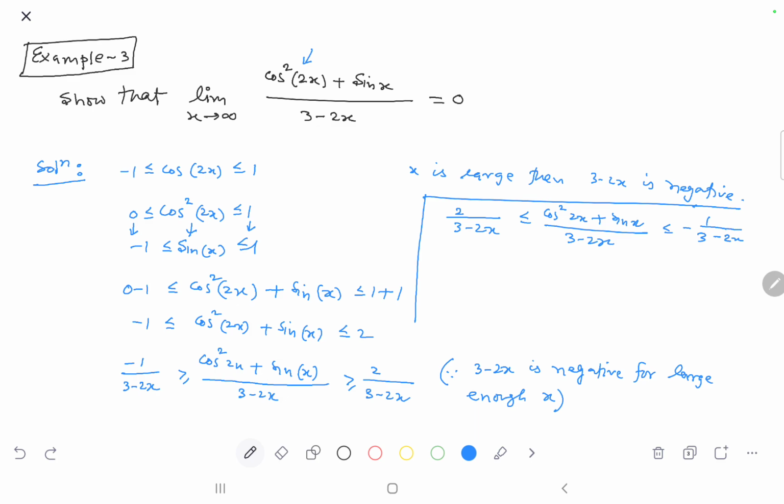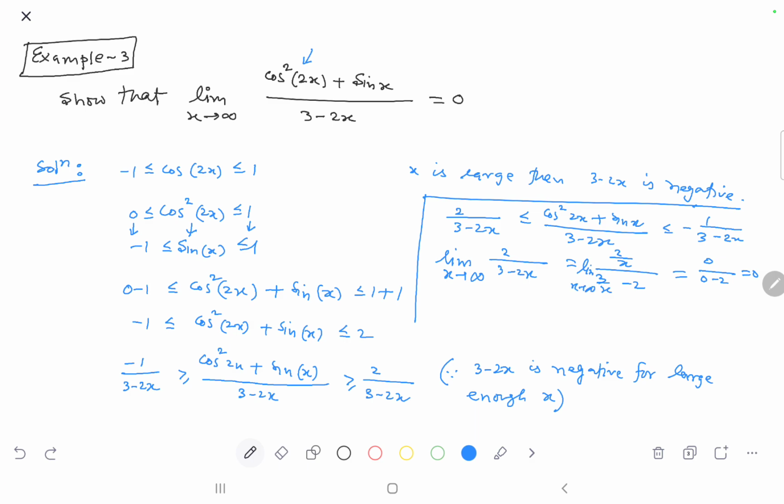So if you calculate the limit, then what do we get? Limit as x tends to infinity on this side, 2 by 3 minus 2x, you can think of it as 2 by x divided by 3 by x minus 2. So this is 0 by 0 minus 2, so 0, right?